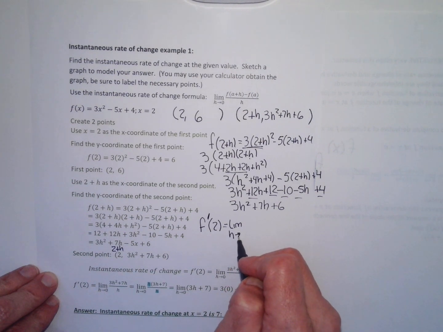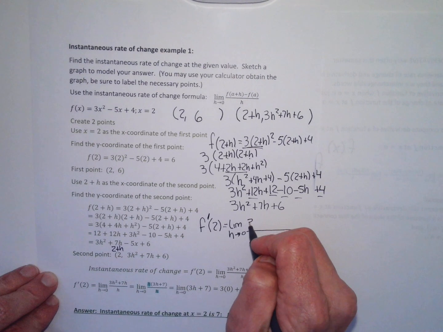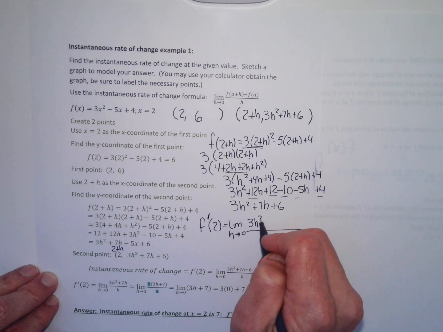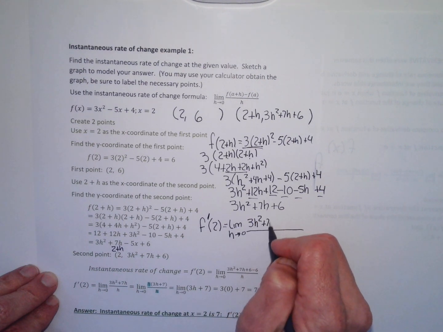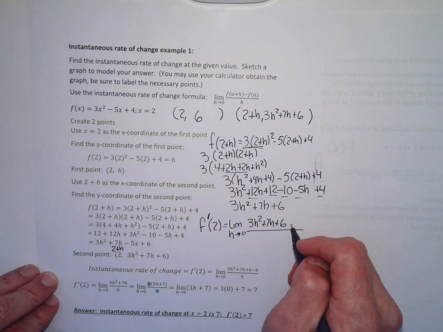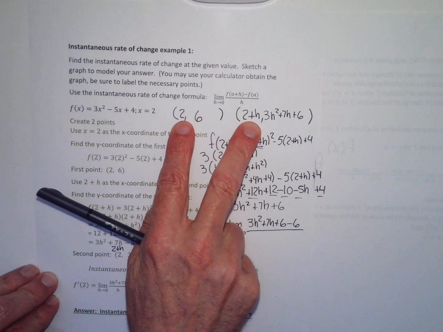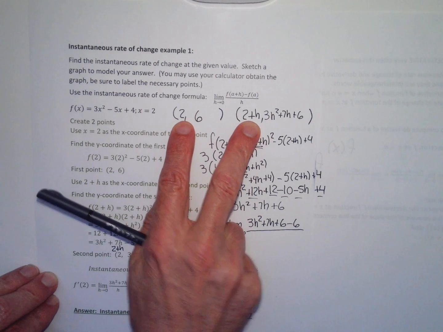goes to 0, and then in the numerator, I'm going to put the y-coordinate of the first point, 3h squared plus 7h plus 6, minus the y-coordinate of the second point, minus 6, and then I could subtract the x's in the denominator, or I can just write h in the denominator.